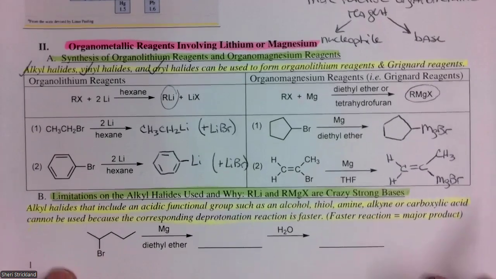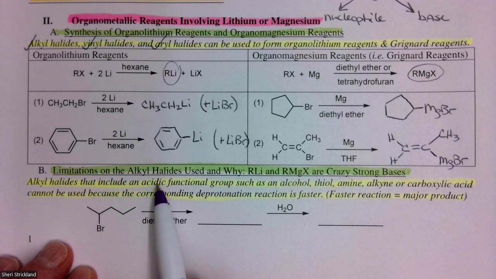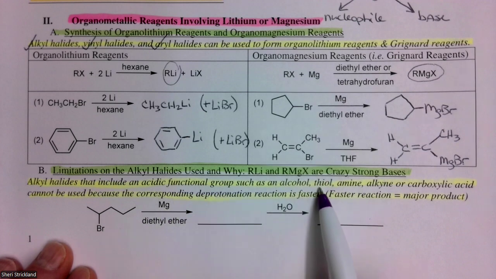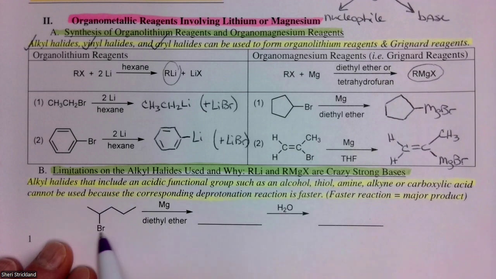Okay, so the one limitation on the alkyl halides that you can use to make these reagents is that you can't have any kind of an acidic functional group also in the molecule. So, this is just a simple alkyl halide, but a lot of compounds have more than one functional group in them. So if you had an alcohol, a thiol, an amine, an alkyne, or a carboxylic acid somewhere else in the structure, you couldn't make the Grignard reagent out of it because the corresponding deprotonation reaction would be faster.